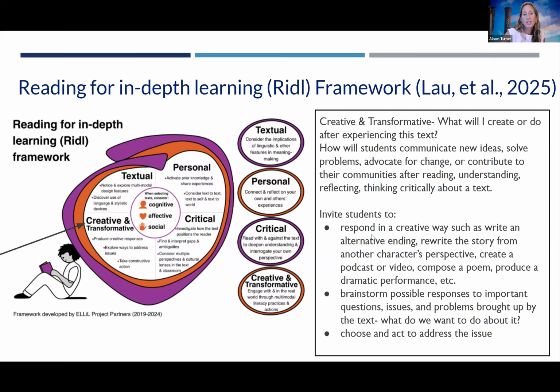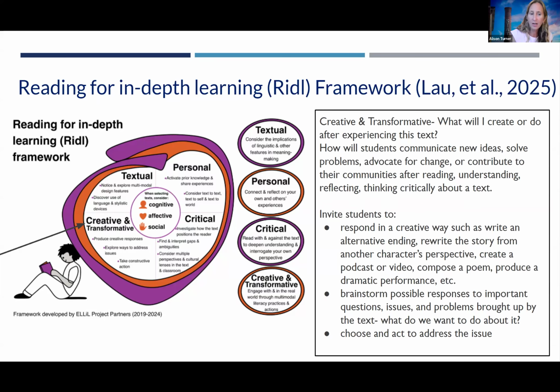So you can invite students to respond in a creative way, to maybe write an alternative ending to the story, or rewrite the story from another character's perspective, or create something new like a podcast, a video, a poem, an artistic rendering, a dramatic performance, right? There's so many varieties on how students can create something.